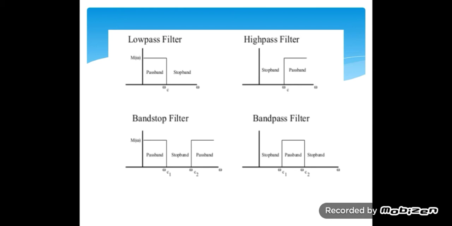Band stop filters attenuate or block the frequencies in between the two given cutoff frequencies, and band pass filter allows only the frequencies in between the range of the two given cutoff frequencies, right?